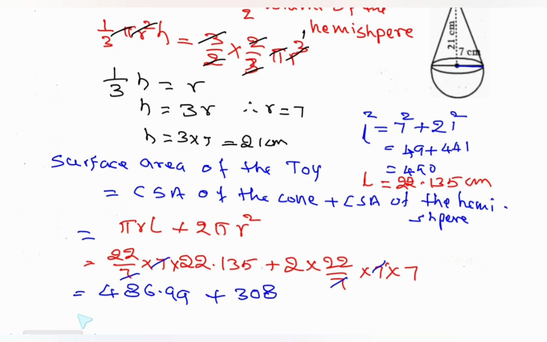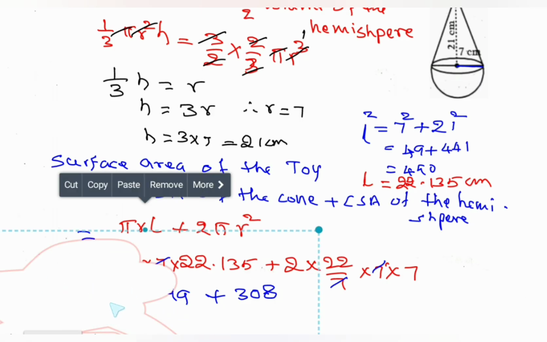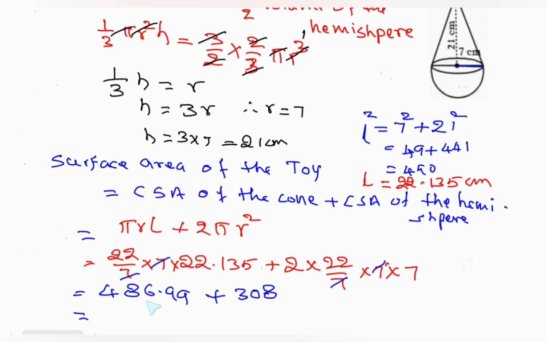Therefore this equals 486.99 plus 308, equal to 794.99 centimeter square.